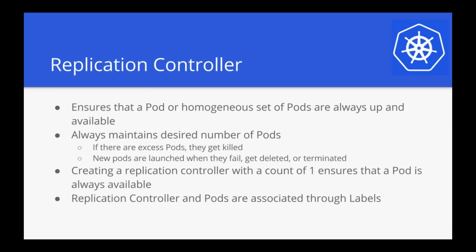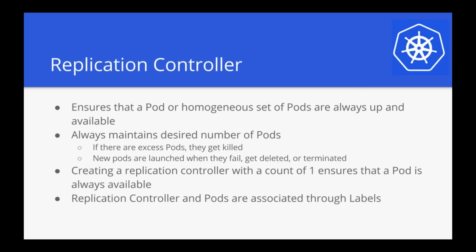What it basically does is maintain a certain number of pods based on your definition all the time, ensuring that at any given point of time, the number of pods matches the definition of the replication controller. If one of the pods gets killed or crashes, the replication controller's job is to bring it back to make sure that the desired count is always the same as the declarative state.